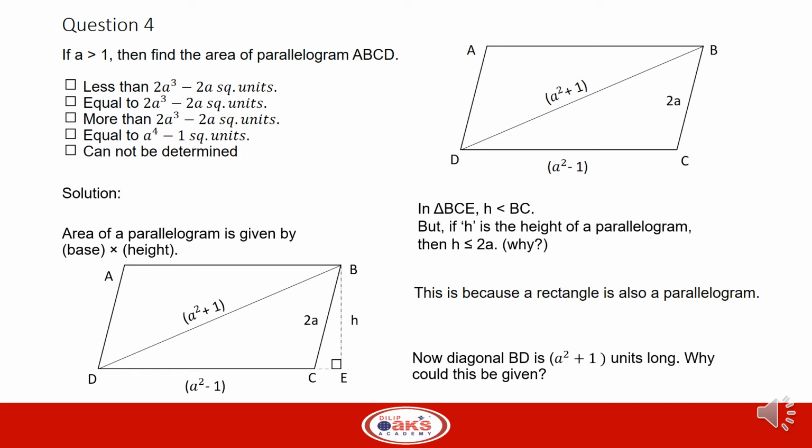This is because the length of the diagonal plays no role in the computation of area of a parallelogram. So now we will also make use of one small fact, that is a greater than 1.